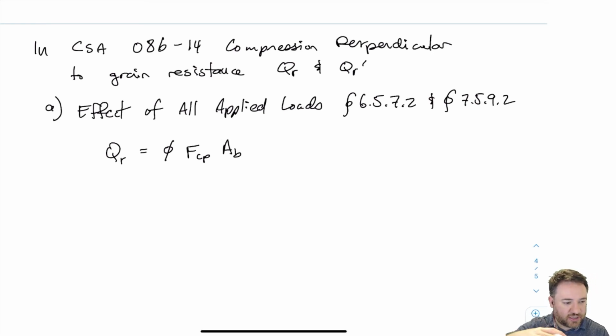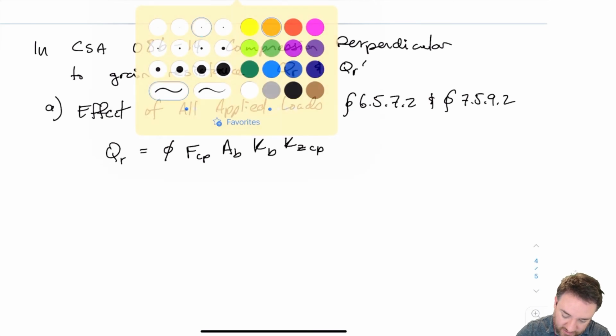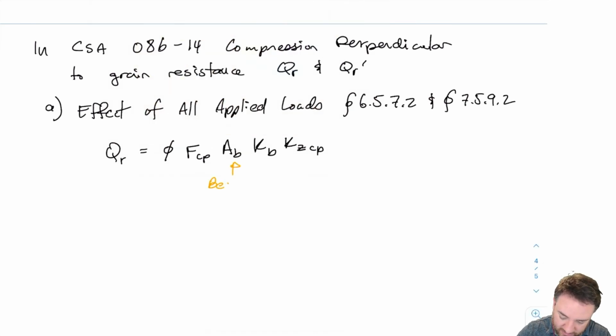So we've looked at things in terms of stress so far, but obviously the actual strength in kilonewtons is going to depend on what kind of area that stress is acting over. Then we have something called the bearing factor, length of bearing factor, and we have a size effect factor.